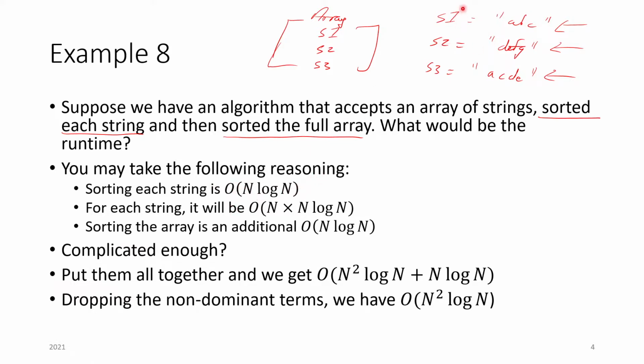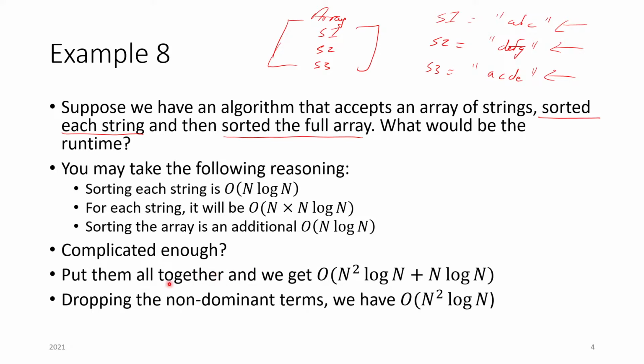And then where we sort all the strings afterwards, it's going to be order of n by n log of n, meaning that for one string it's going to be order of n log of n, and for all the strings it's going to be order of n by n log of n. And then to sort the entire array, it's going to be O of n log of n. This is a little bit complicated, but once you break it down into steps, you get the orders for each one of those solved problems individually.